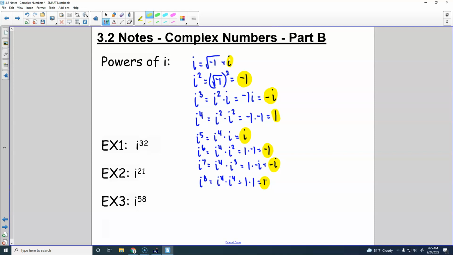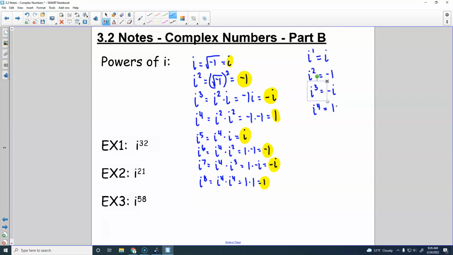So we want to remember that obviously i to the first power just equals i. i to the second power equals negative 1. i to the third power is going to be negative i. And i to the fourth power is going to equal 1.